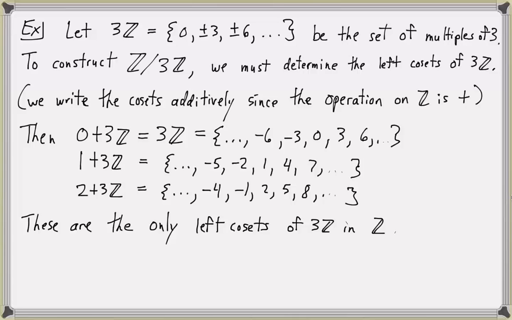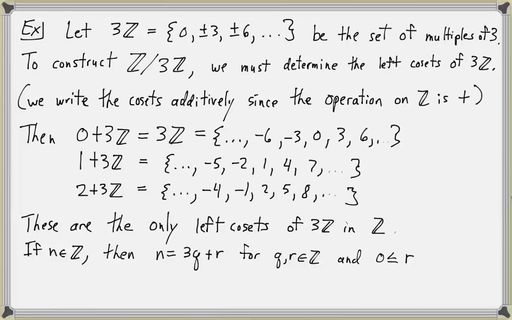So to see that these are the only 3 cosets, if you take any integer n, then by the division algorithm, n can be written as 3 times the quotient q plus r, where q and r are integers, and the remainder r must be greater than or equal to 0 and strictly less than 3.